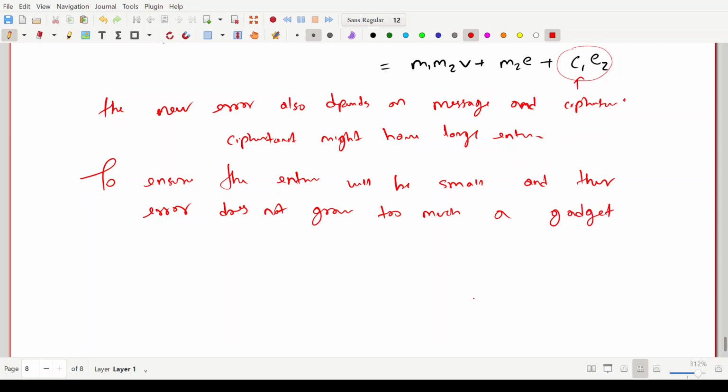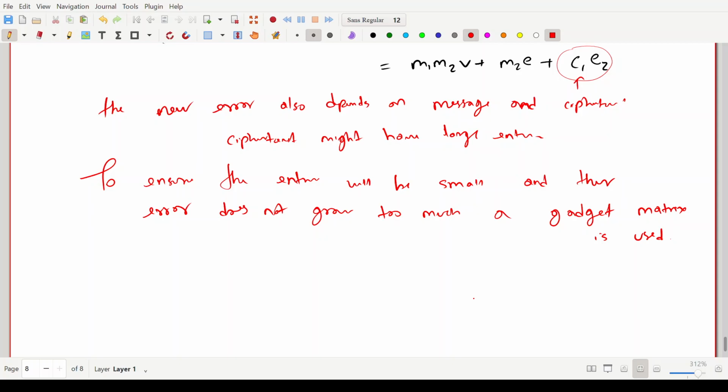A gadget matrix is used to ensure the entries will be small. I just wanted the ciphertext C1 to have small entries, then this won't trouble me.